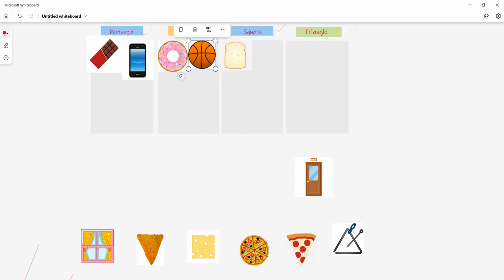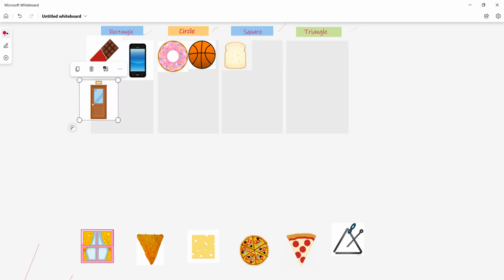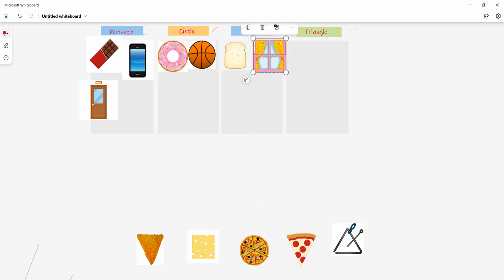How about this door? What shape is this door? As a rectangle. How about a window? Look at this window. Yeah, as a square.